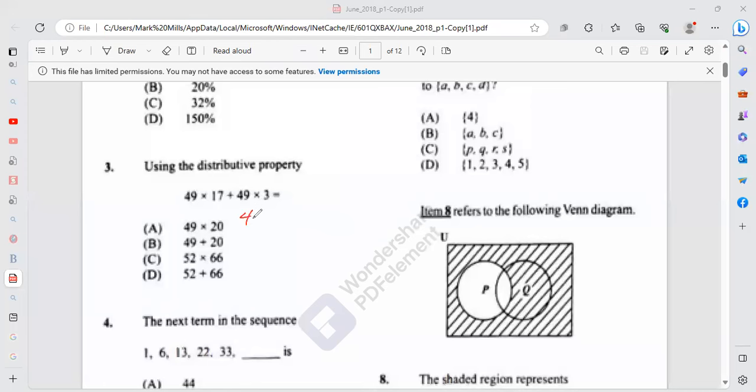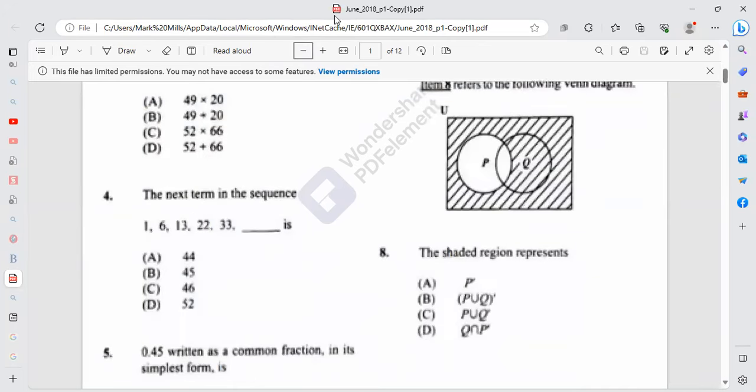So be 49, open bracket, 17 plus 3. Right. So the same thing, 49 times 20. So the answer for this would have been A. All right. We clear? All right.